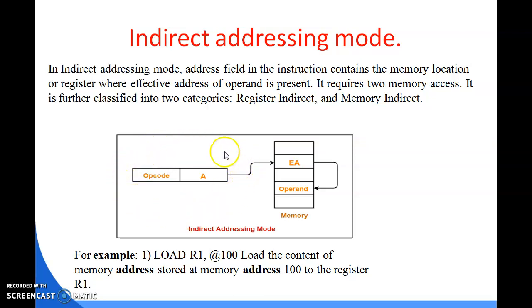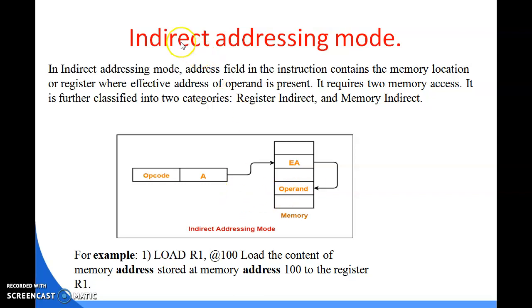That means here you are using one memory location, created within the memory where the instruction is stored, and within that location one address is stored. This address contains the address of the effective address, which is stored in another location of the memory. Then this effective address contains the address of the location in another part of the memory where the actual operand is stored.